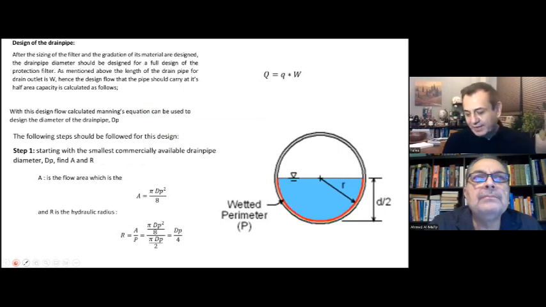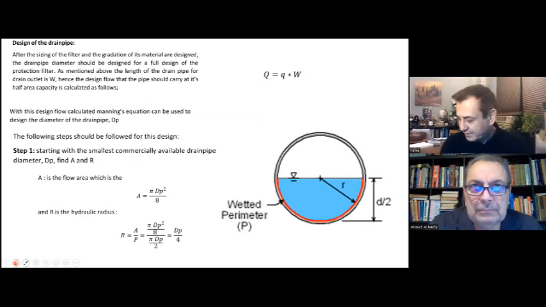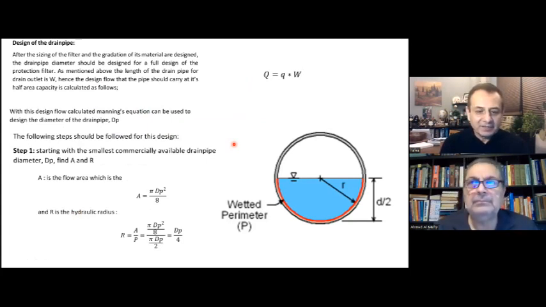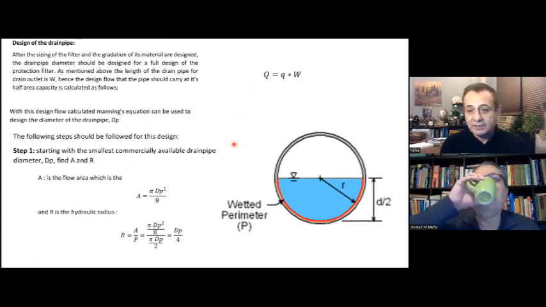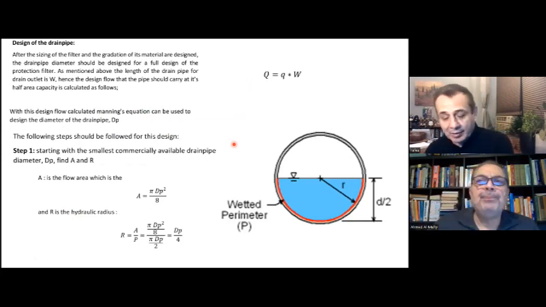With those, we explained the design of the material filter in two methods. Now we're going to go to hydraulics. After we design the geometrical size, we design the filter material, then we should design the pipe.